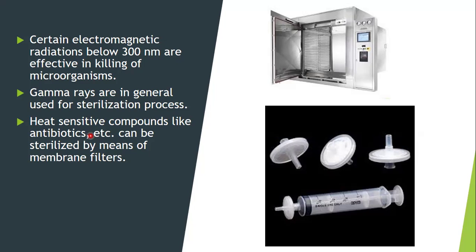To control the degradation of these chemicals, hormones or antibiotics, syringe filters are used. These syringe filters are fitted with a membrane inside, and they are fixed on the syringe, which can be used for injecting sterilized material to the questionable substances.